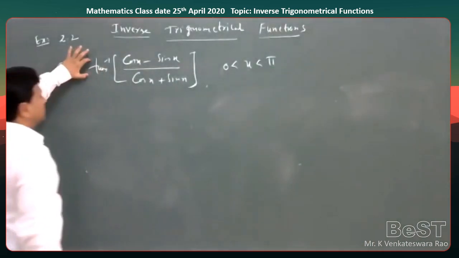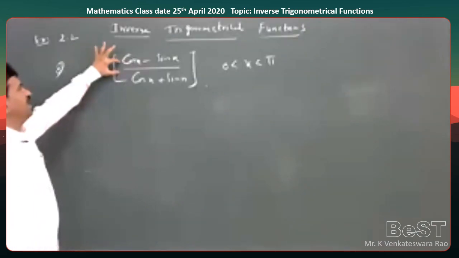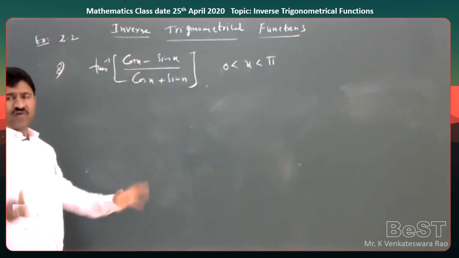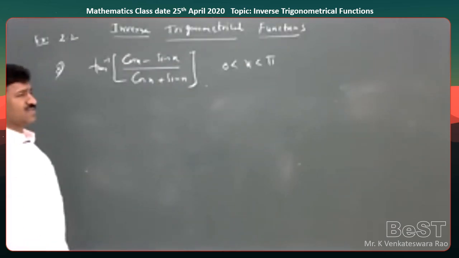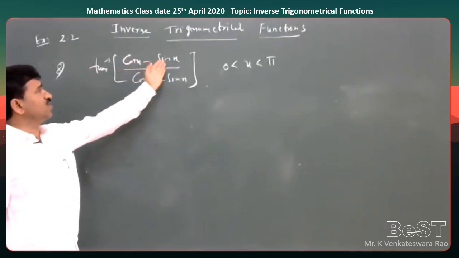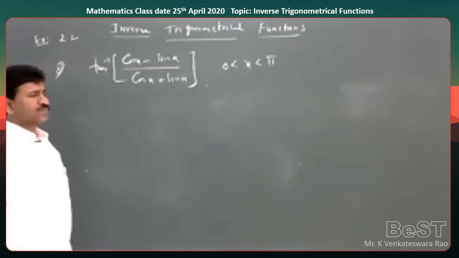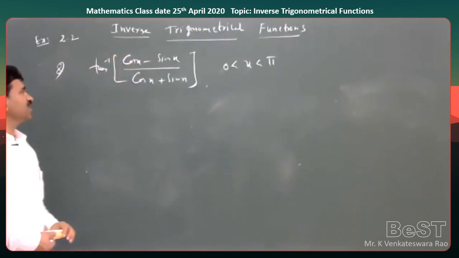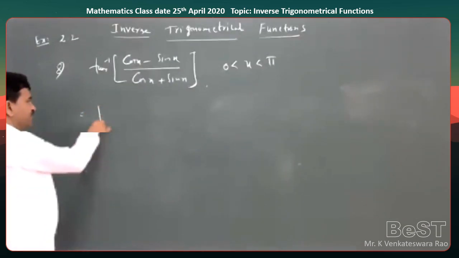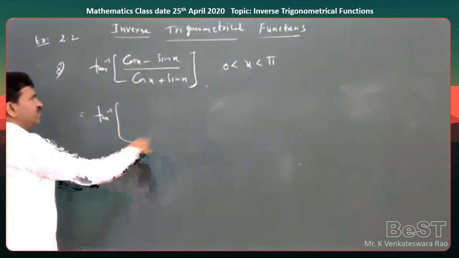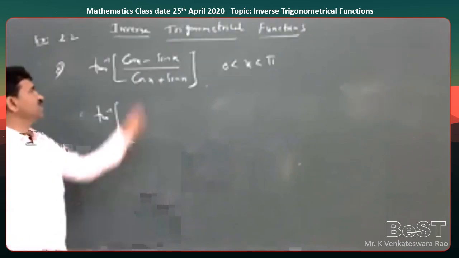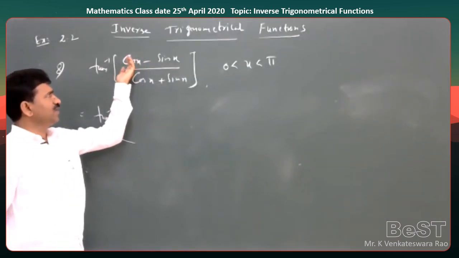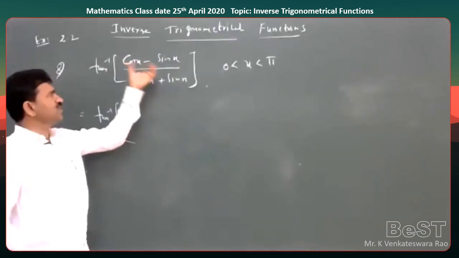Tan inverse. So we require a tan function here. There is no formula for cos c minus sin. If it is cos c minus cos d, we can write the formula. So here we'll try for a tan function. Listen to me: we divide the numerator and the denominator with cos x.